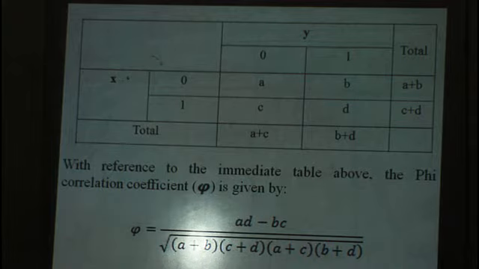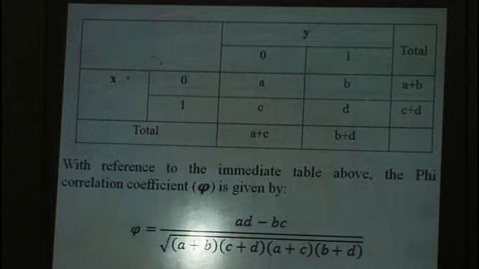So when you sum the first row, you get A plus B, then C plus D. Vertically, you also get A plus C, and then B plus D.